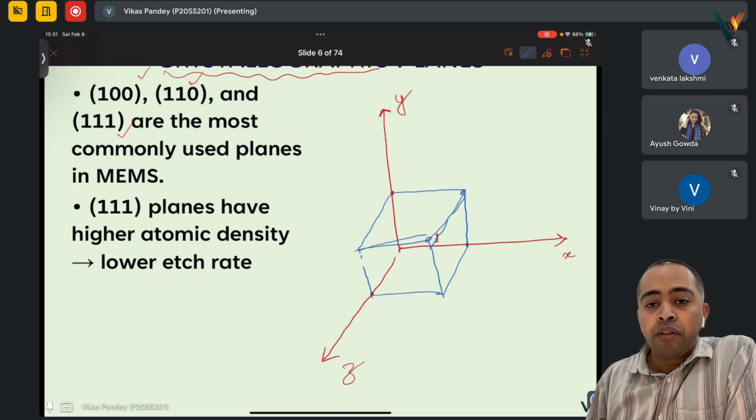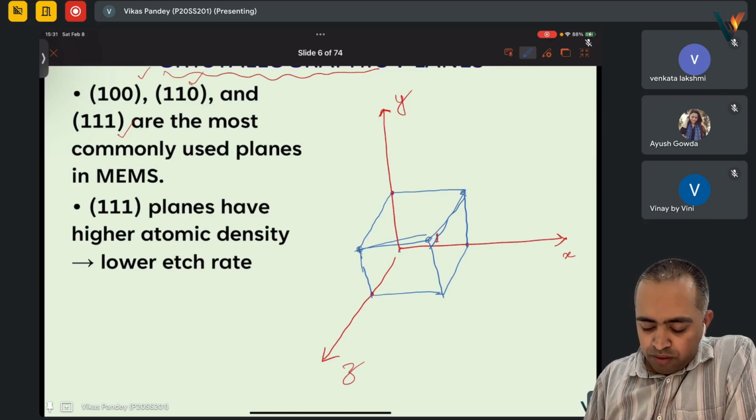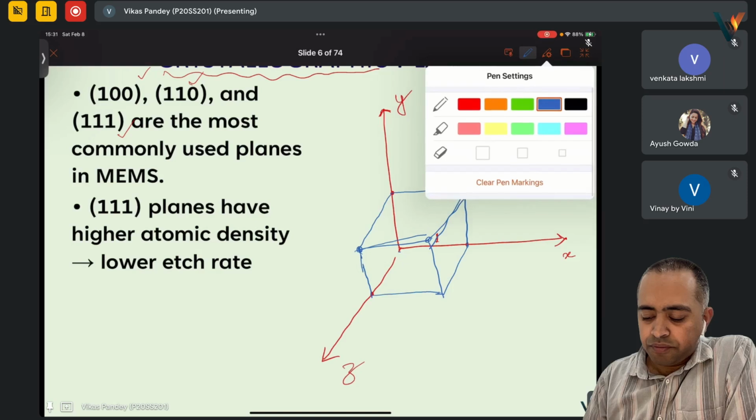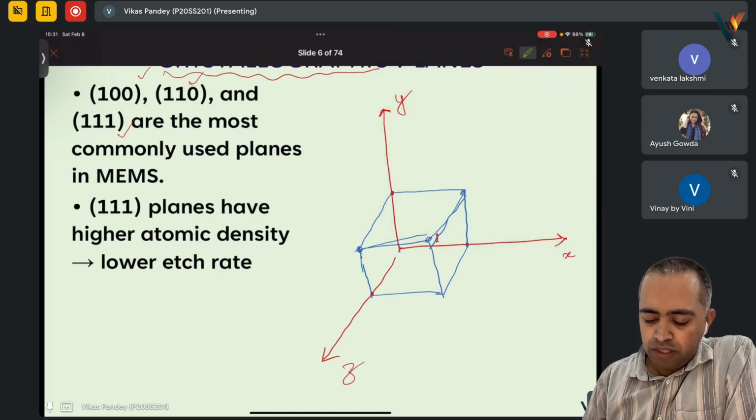Okay. So now, if we make a plane, say like this, which crosses one point here, one point here, and one point here. So a plane like this.